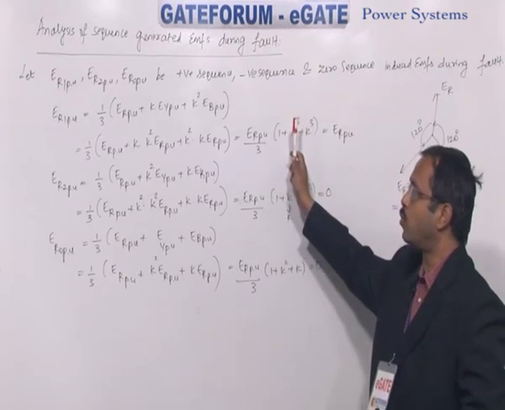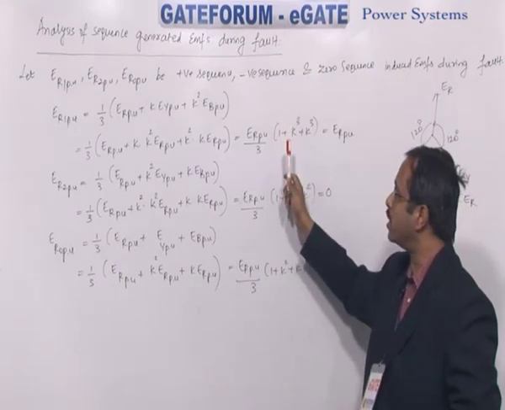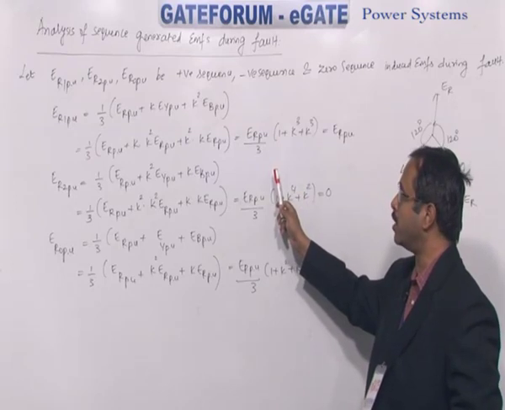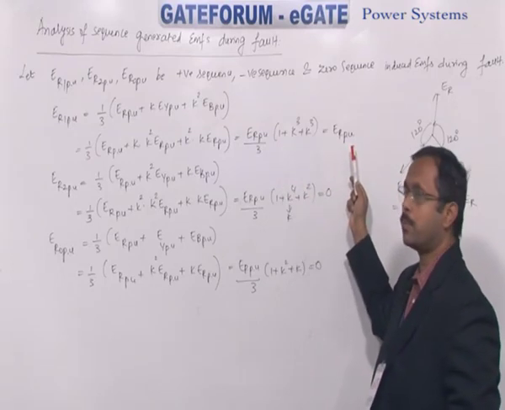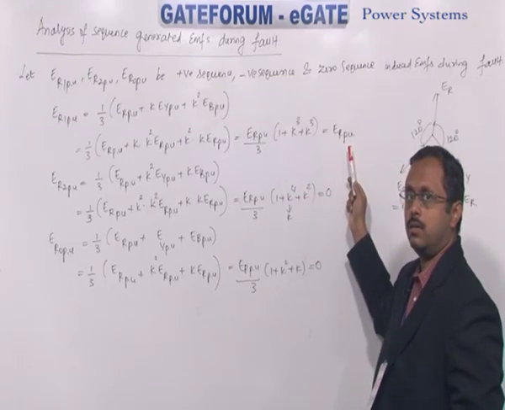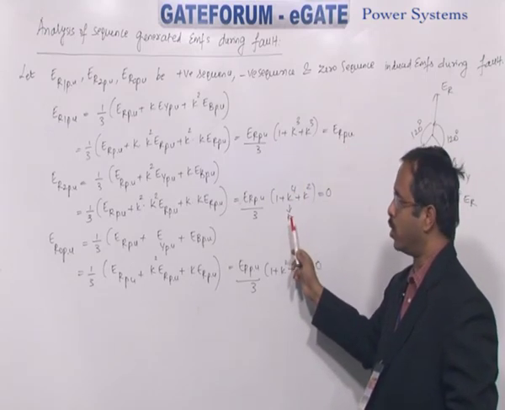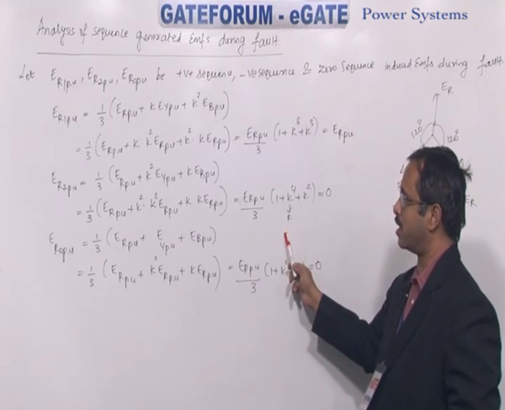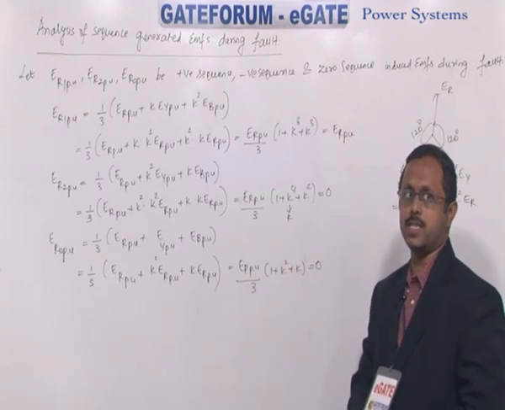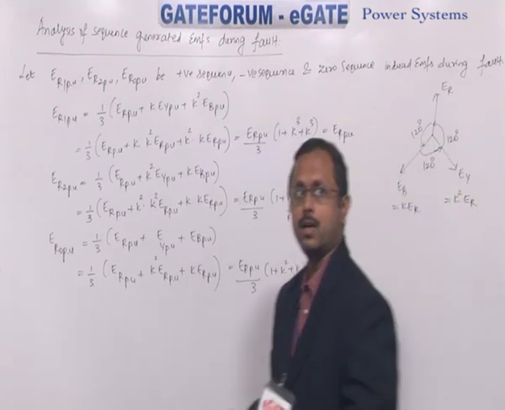So, we have a voltage source in positive sequence network. How much? Equal to ER per unit. You don't have a voltage source in both negative sequence network and zero sequence network.